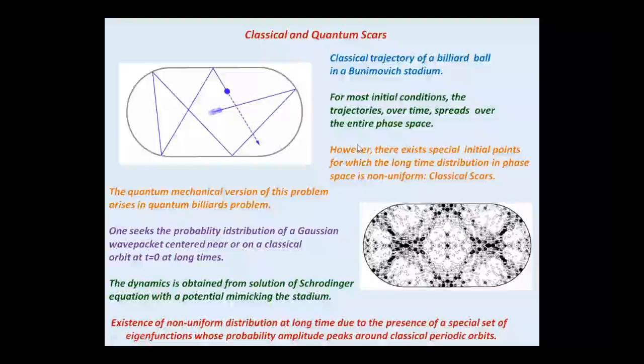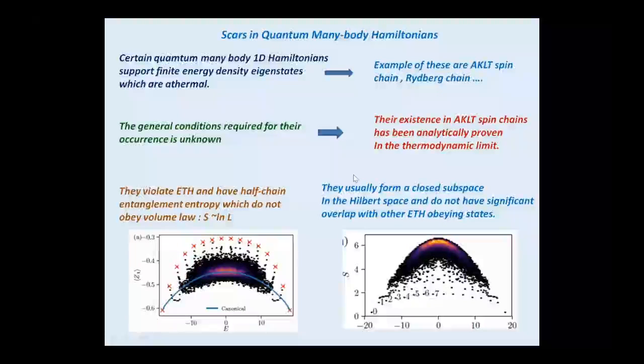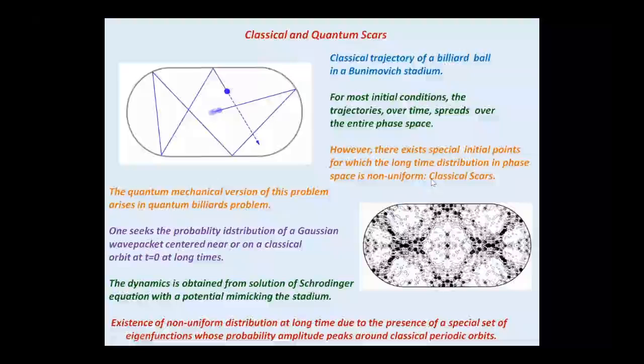However, there are special initial points for which the long time distribution in phase space is non-uniform. A simple example of this, there are many pictures like this, is that if you start from this point where my cursor is and hit it straight, so that it just covers one trajectory on and on and on, it doesn't spread.